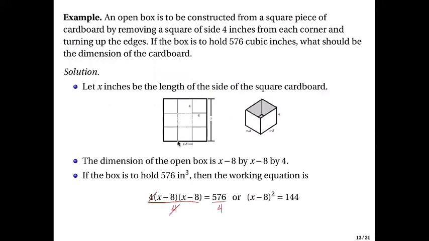You remove 4 inches here, you remove 4 inches here. The total length of the square is x. So this side is x. This is 4 inches, this is 4 inches. Those are the numbers that you will remove. So you will only get x minus 8. Okay, thank you. You're welcome.